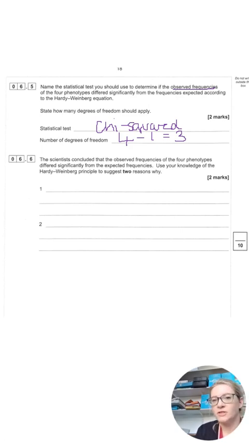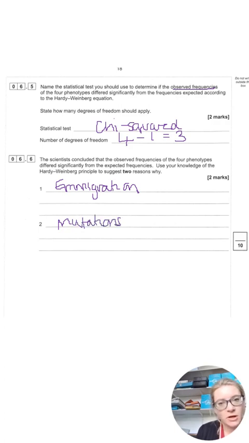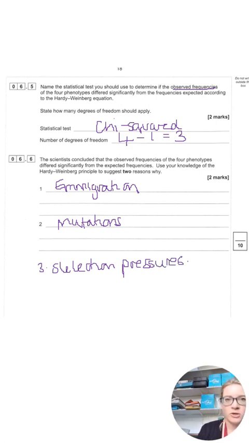So if the allele frequencies or phenotype frequencies had changed, then these are the reasons why. So there was emigration, mutations to produce new alleles, selection pressures, for example. So that is how you could score full marks on question 6.